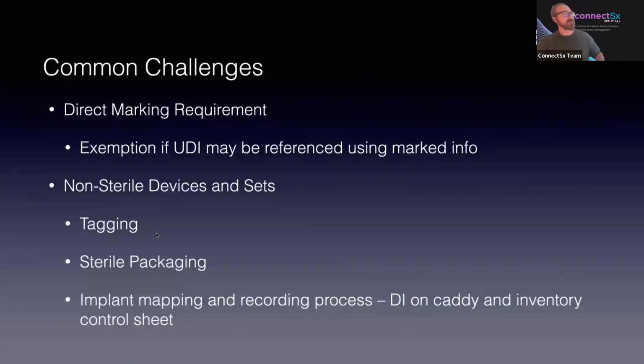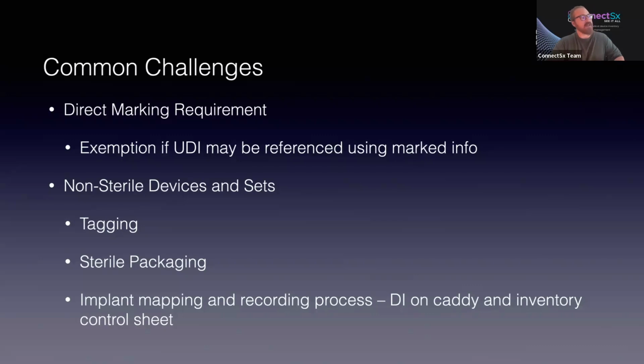But continuing on, we've already talked about some of these, but some common challenges refer to the direct marking requirement. So this is the one that says that the UDI must be direct marked on each device. And again, small devices, steam sterilized devices, I'm sure any number of other manufacturing processes make this a challenge.